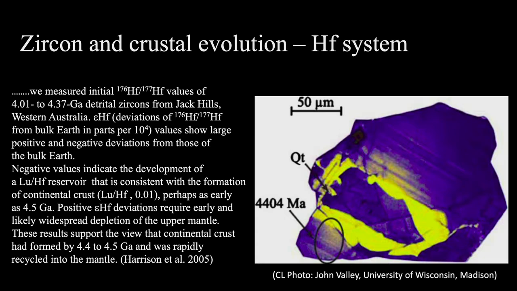They measured hafnium isotopes within Jack Hills zircons, and they got two different populations: one with positive values and the second one with negative values. So if you remember the last cartoon, you may interpret it immediately, okay, negative values point to crust extraction. And together with dating, we may say the crust extraction occurred as early as 4.4 or 4.5 billion years ago.